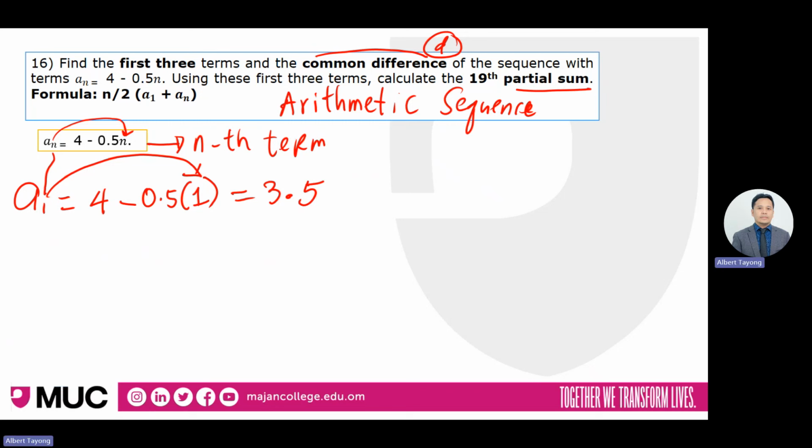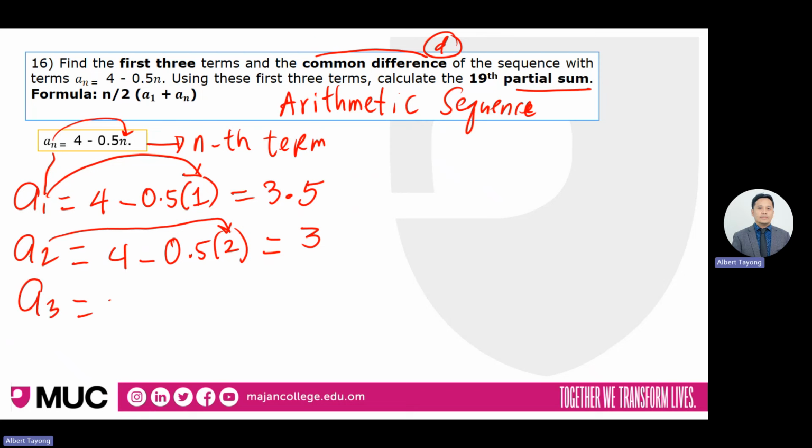And our a sub 2 is 4 minus 0.5 times 2. We change our n to 2. So this will be 3 because 0.5 times 2 is 1. And the third term is 4 minus 0.5 times 3. We change our n to 3. So this will be 2.5.